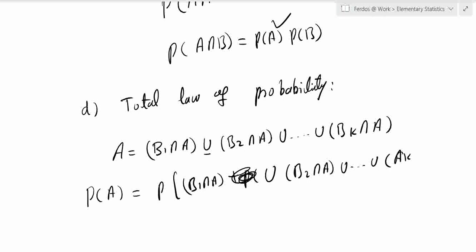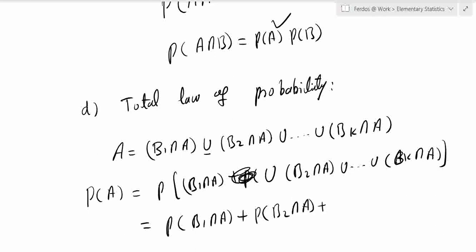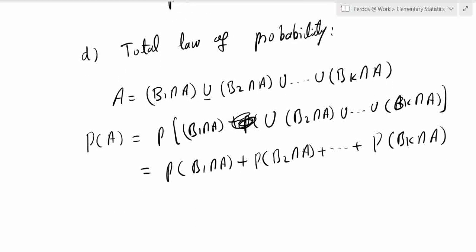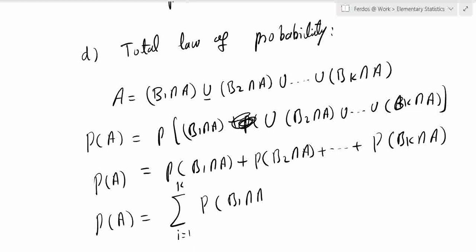So now this is equal to probability of B1 intersection A, and now it is converted to plus probability of B2 intersection A plus, up to probability of BK intersection A. So you can write this as the sum over i from 1 to K of the probability of Bi intersection A.